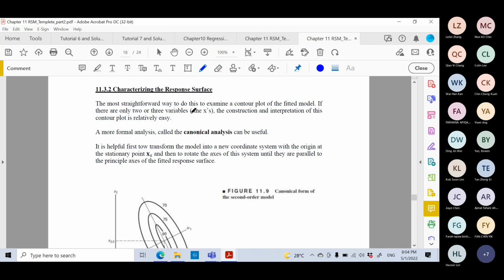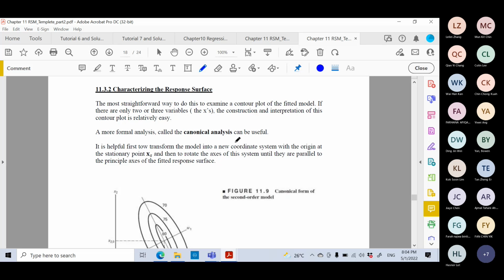If there are only 2 or 3 variables, the construction and interpretation of this is relatively easy. But if you have many variables, how are you going to draw the contour plot in 4 dimensions, 5 dimensions? That may be a bit difficult.